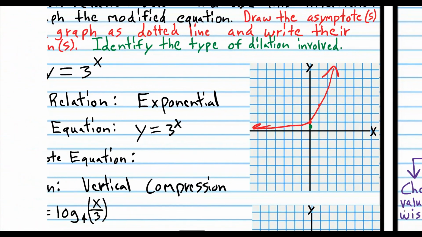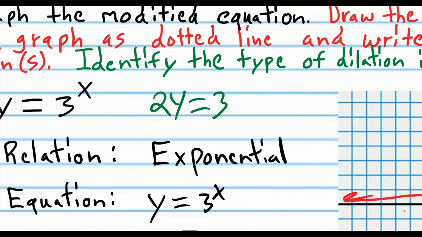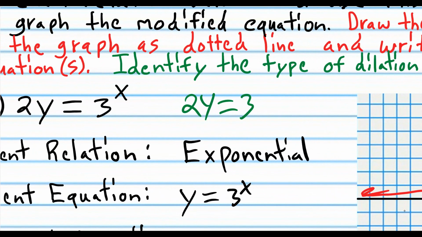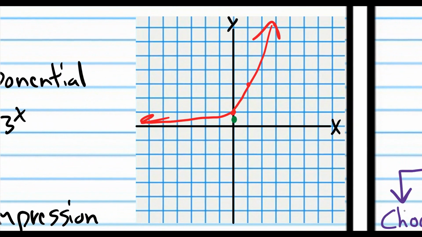And let's try plugging in 1 for x. If you plug in 1 for x, 3 to the 1 power is 3, so we're left with 2y is equal to 3. Divide both sides by 2, and we get 3/2. So plug in 1, you get 3/2. But notice that 3/2 is exactly half of 3. So do you see what's happening here?